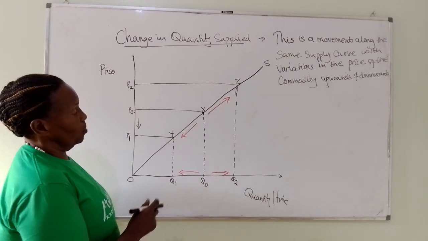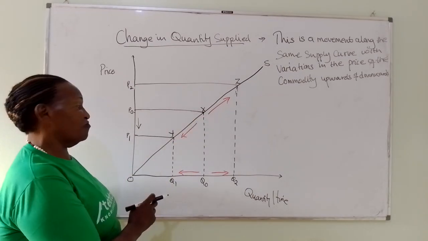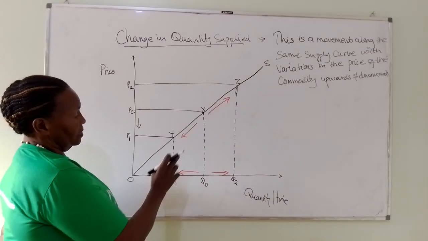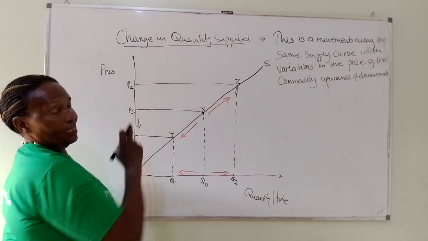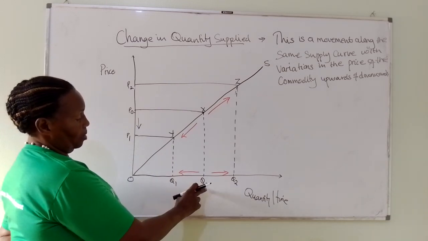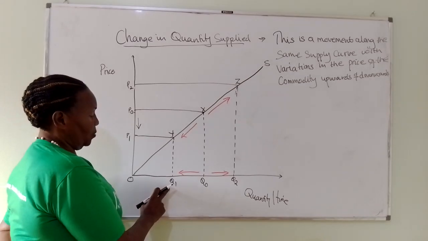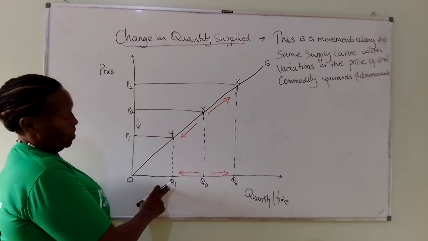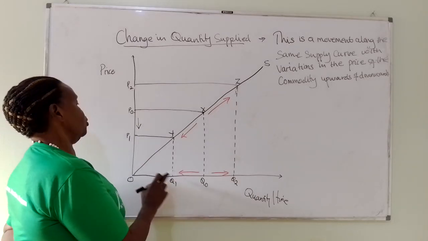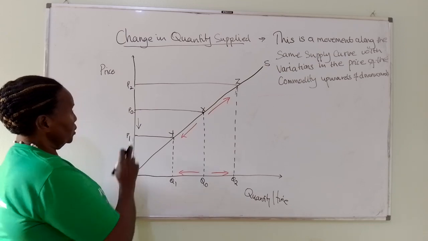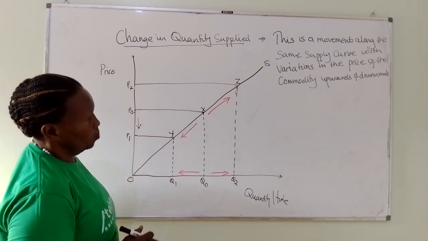So we refer to that as a downward movement along the supply curve, or a decrease in quantity supplied. It is a decrease because we had a bigger quantity, Q0, but now we are moving to a new level of quantity supplied, Q1, which is less than Q0 because of the decline in the price from P0 to P1.